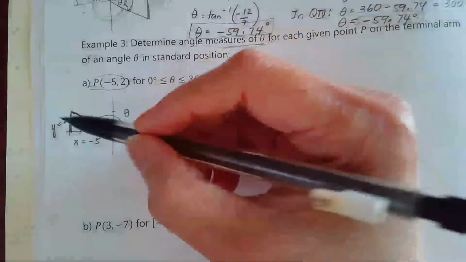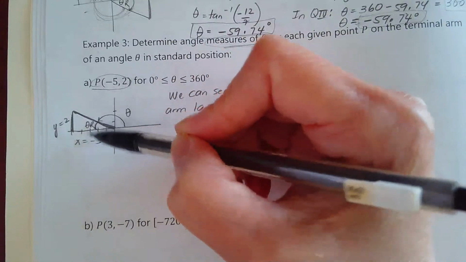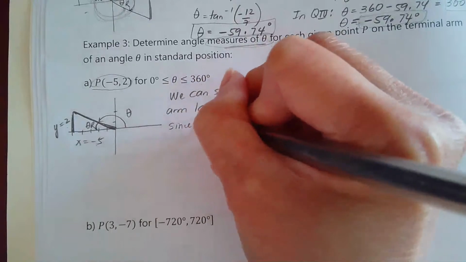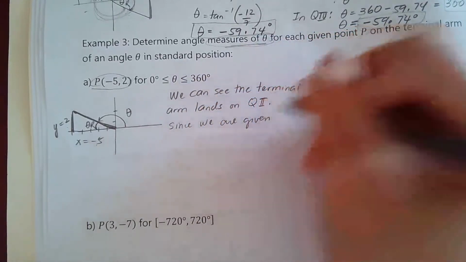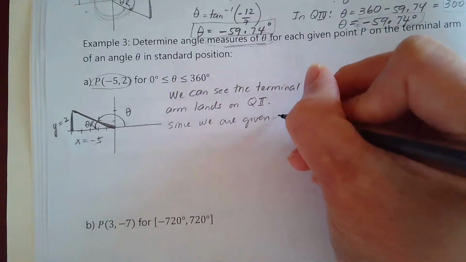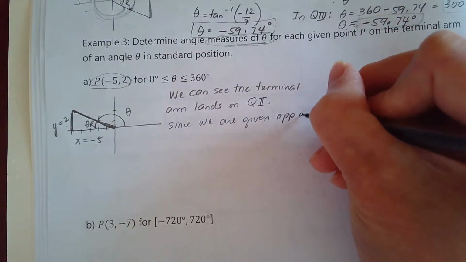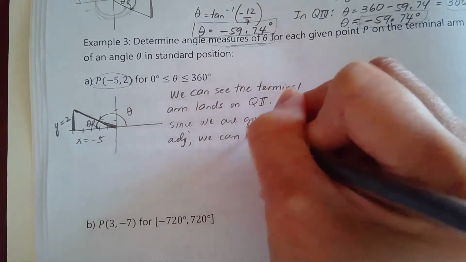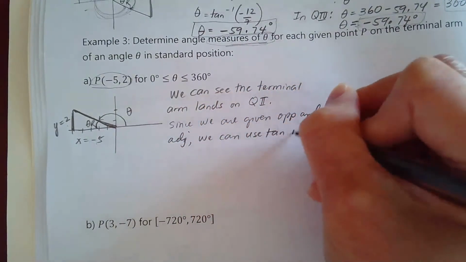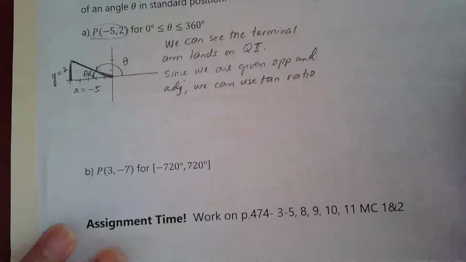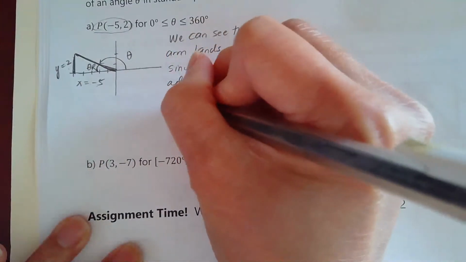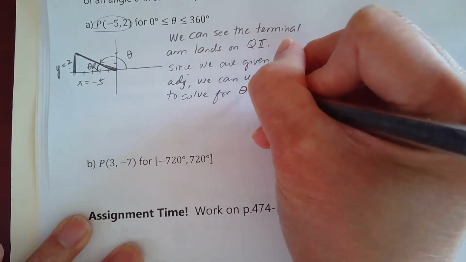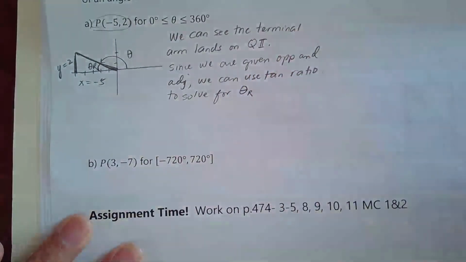Well, since they gave us x and y, adjacent and opposite, since we are given the opposite side and adjacent side, we can use the tangent ratio to solve for theta, I mean, theta r, to be exact.